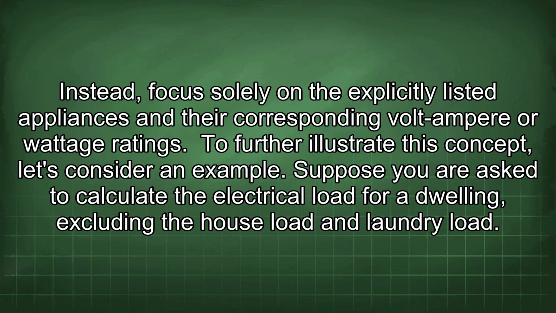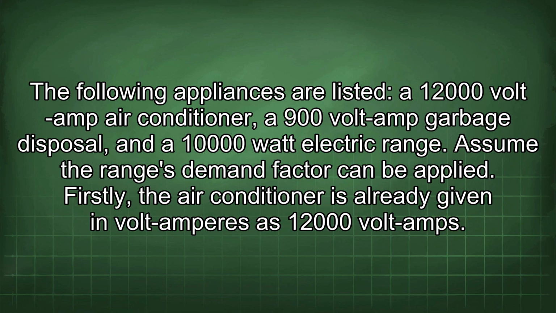Suppose you are asked to calculate the electrical load for a dwelling, excluding the house load and laundry load. The following appliances are listed: a 12,000 volt amp air conditioner, a 900 volt amp garbage disposal, and a 10,000 watt electric range. Assume the range's demand factor can be applied.